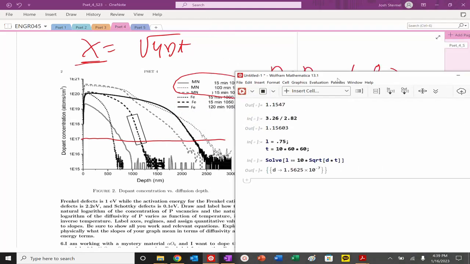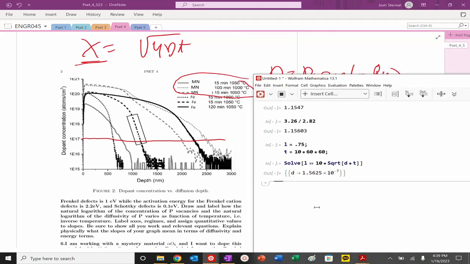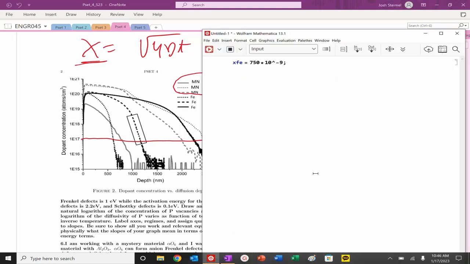If I look at that first picture, let's just do X_Fe. Let's say that's approximately 750. X_Fe is equal to 750 times 10 to the minus 9. So we have the depth that penetrates for iron. That's one of them.